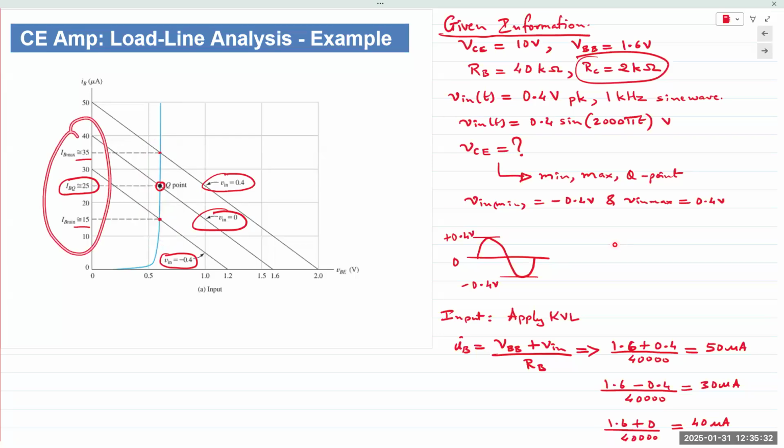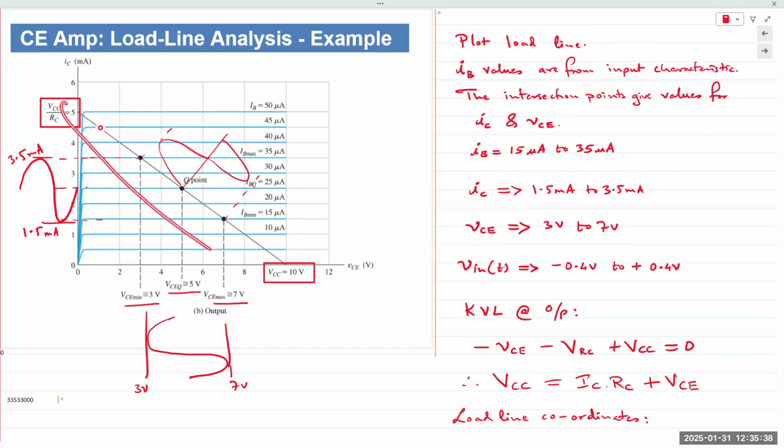We obtain values for IB. And from those values, we go to the output load line and select those three plots. Again, the output has multiple intersection points right here. We don't know which ones to take, but those depend on our input values.